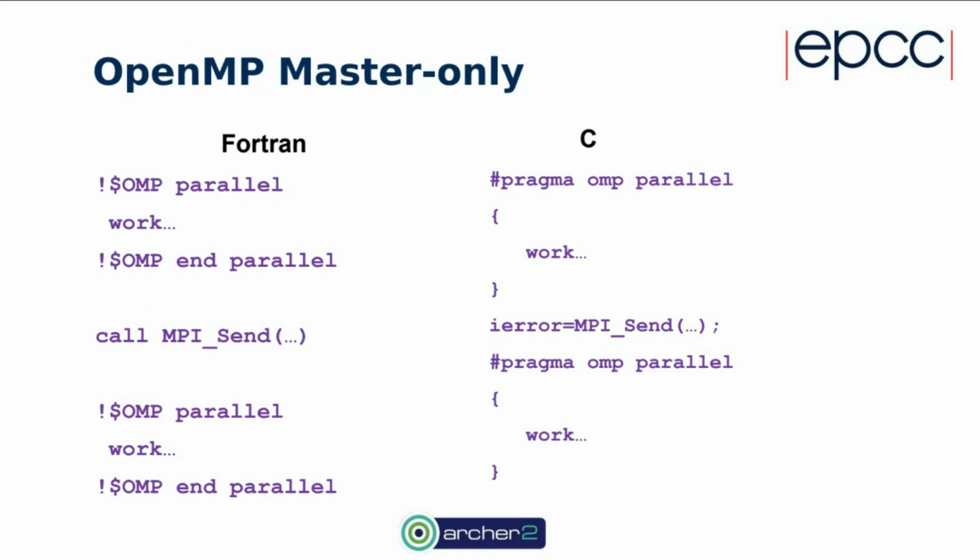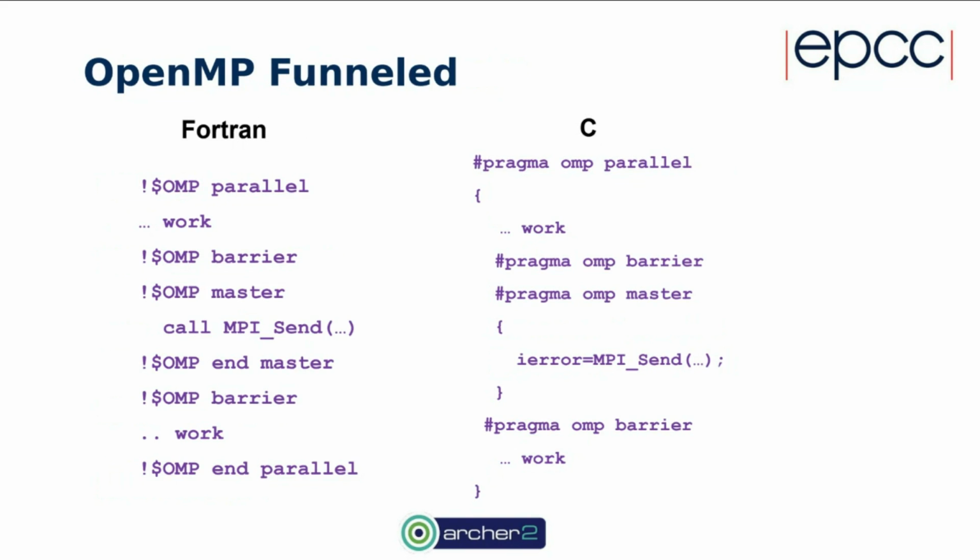Okay, so just a schematic code to illustrate these. For master only, we would have potentially OpenMP parallel regions where we do some computation, and then the MPI communication happens in the master thread outside of parallel regions. And for funneled, now we allow communication inside parallel regions, but we have to restrict it to the master thread.